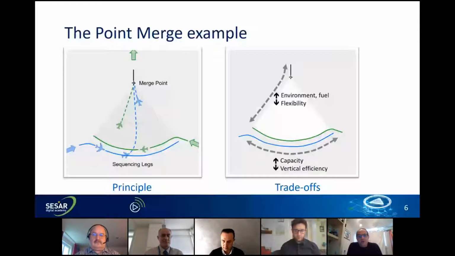So the longer the legs, the more capacity you have, but the more impact on the vertical profiles you will have before you engage into a CDO. And then the longer the trajectory from the sequencing legs to the merge point, the more opportunity, or the longer the CDO will be. But on the other hand, the less flexibility will be available for air traffic control in sequence changes and things like that.